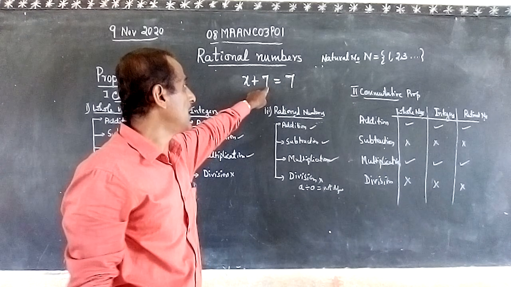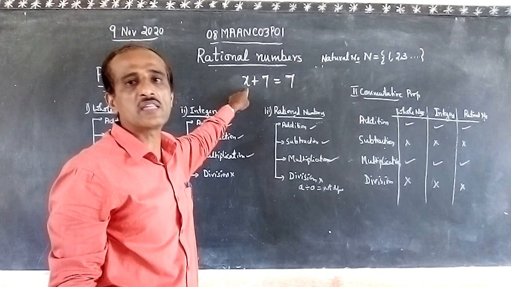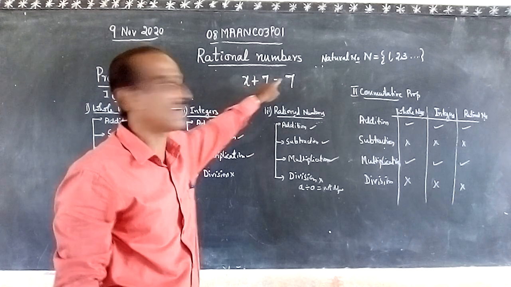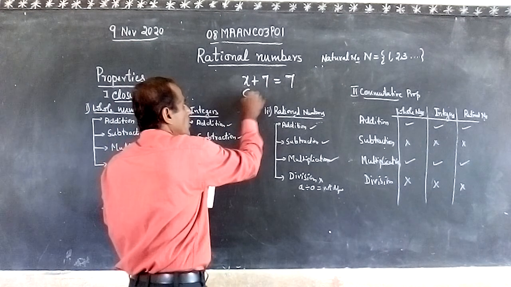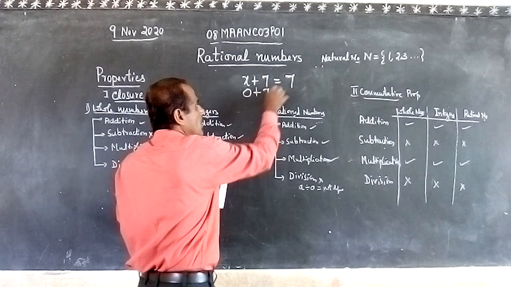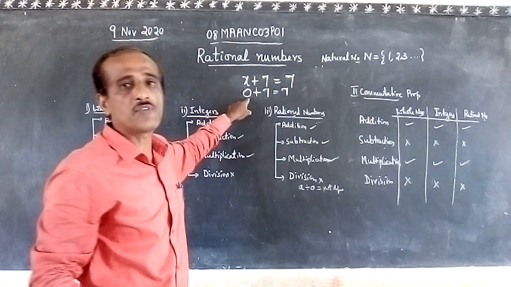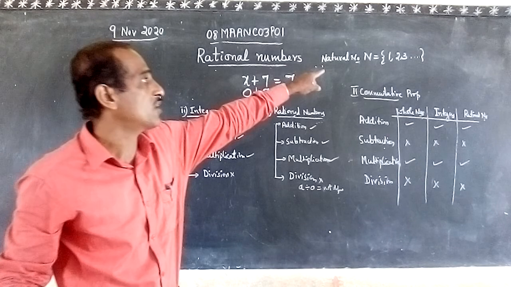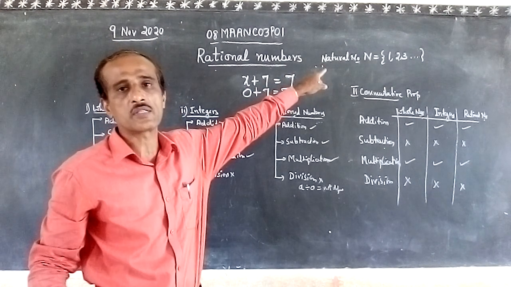What if you add to this 7 to get 7? Nothing is there to add. So, the value of x is 0, isn't it? If you add 0 to this 7, you will get 7. Therefore, the value of x is 0. But 0 does not come under the set of natural numbers.